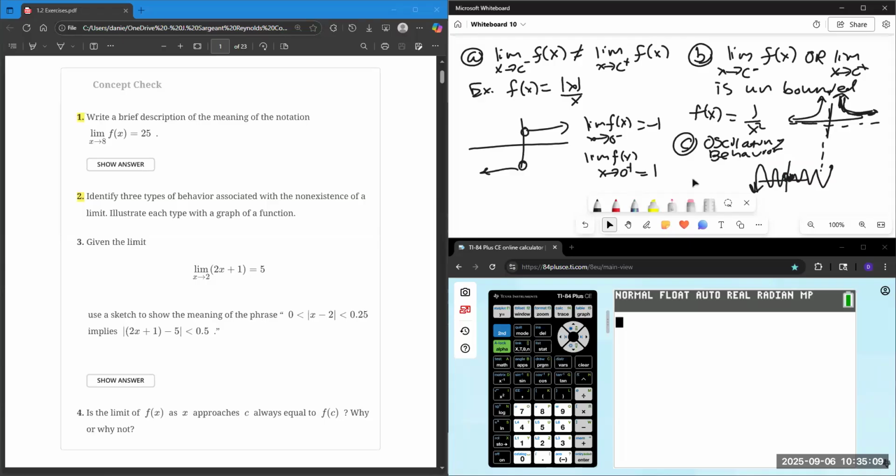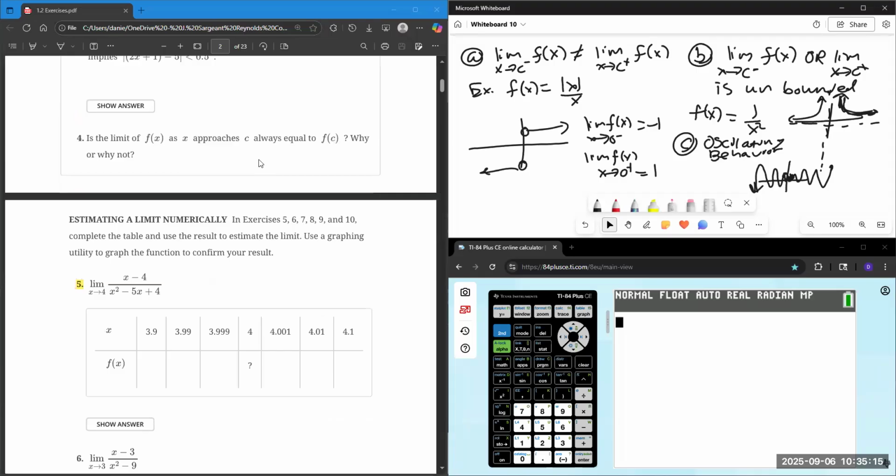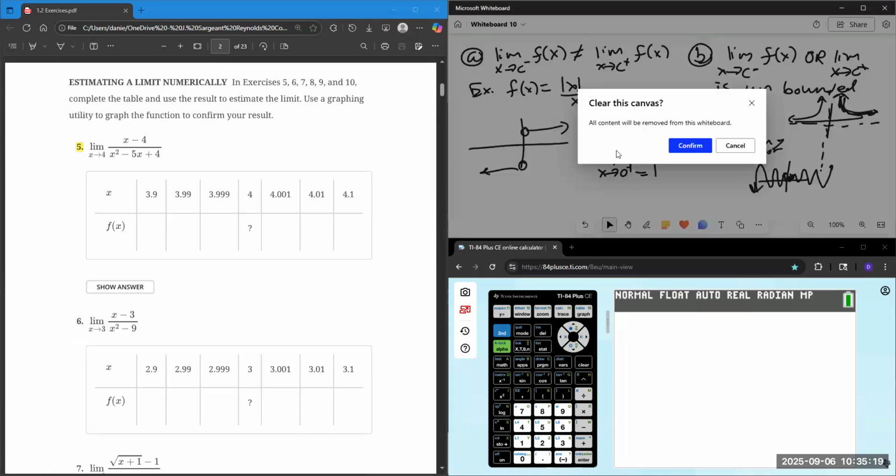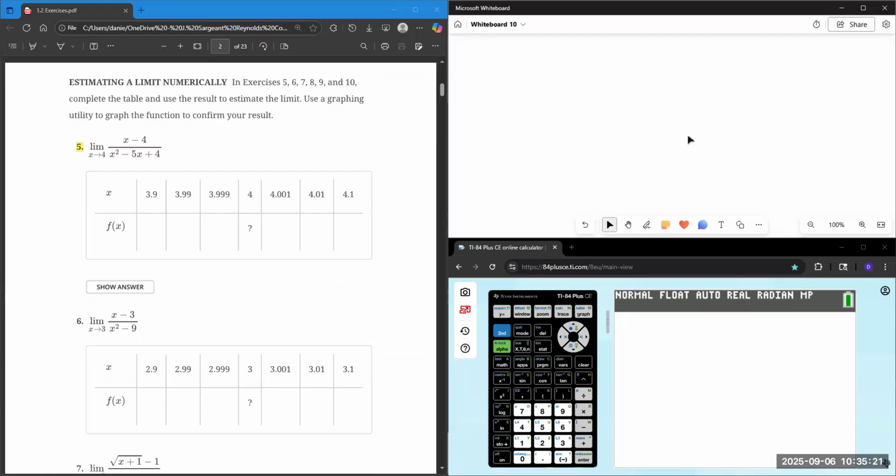Our next question is question 5. So let's estimate numerically with the table here, and go ahead and use the table that's provided and fill it in using my calculator.